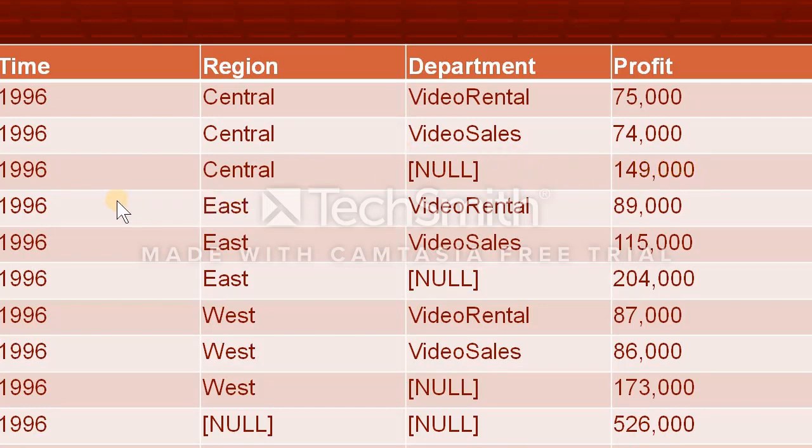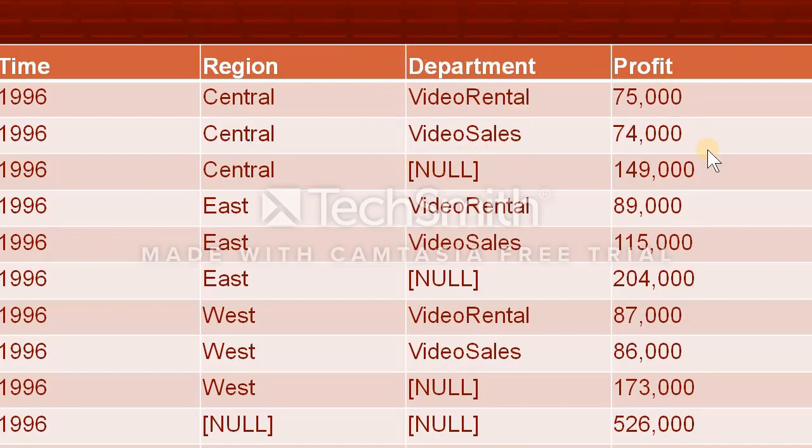Now in our fourth row, the result is saying that in year 1996 in east region. In these three rows we talked about the central region and the profits of the different departments in the central region.